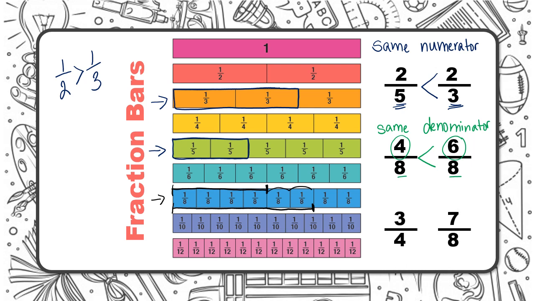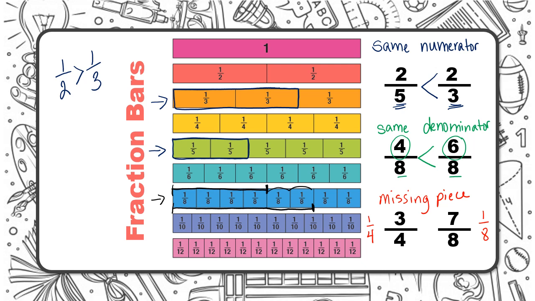I don't see a common numerator. I don't see the same denominator. What I do see is that they each have one missing piece. So let's use the missing piece strategy. 3/4 has a missing piece of 1/4. And 7/8 has a missing piece of 1/8.